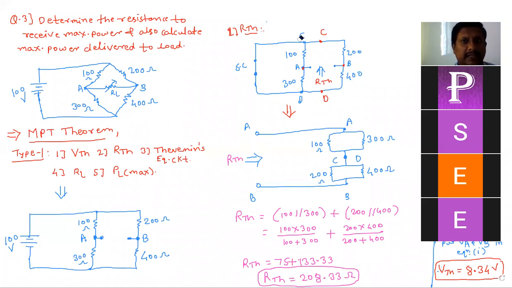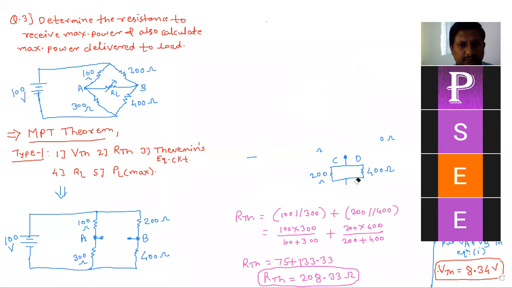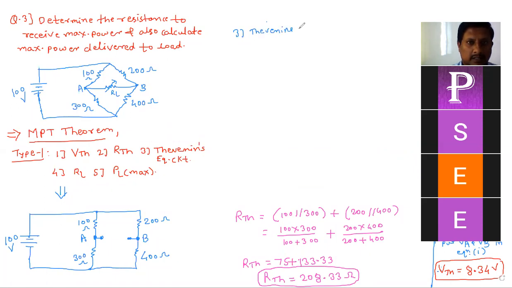Now the next step will be the easier, that will be the Thevenin's equivalent circuit, RL, then PL max. Okay, so we can start now to draw the Thevenin's equivalent circuit.